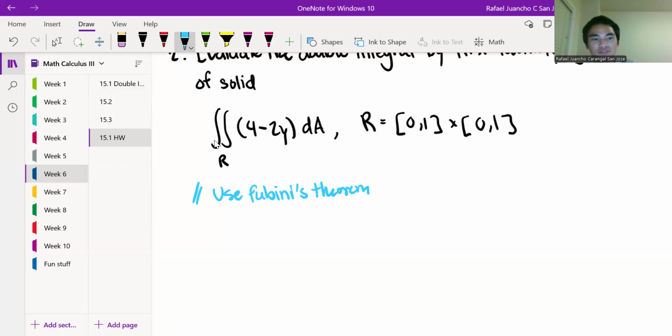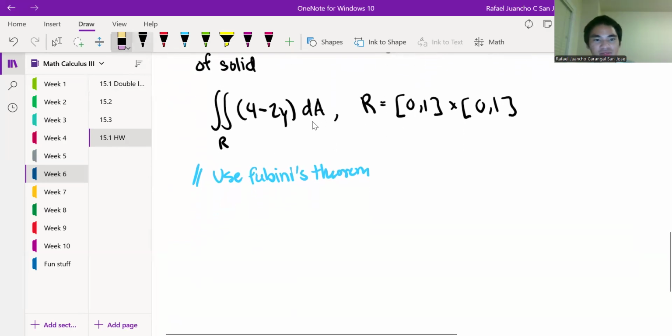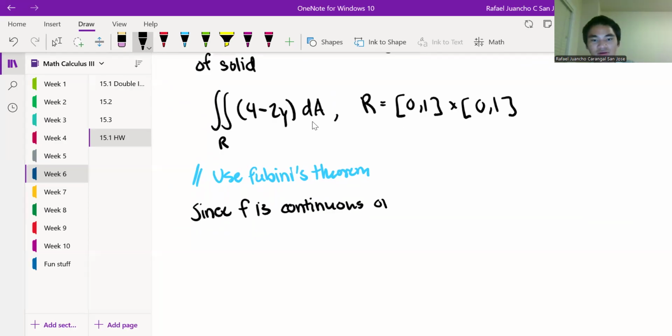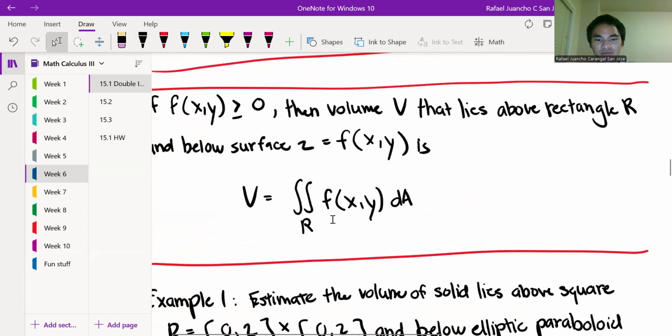So since our function of two variables, or actually, surprisingly enough, this is a one variable thing. Huh. Okay, we're saying since this thing is continuous on R, and I'm assuming it is, then we want, oops, not that.